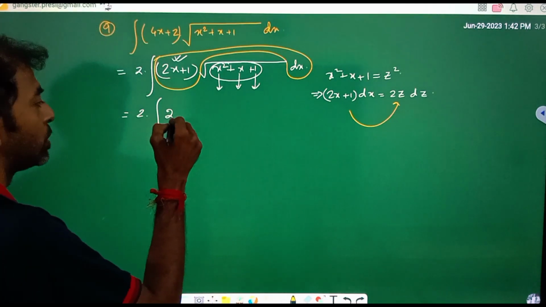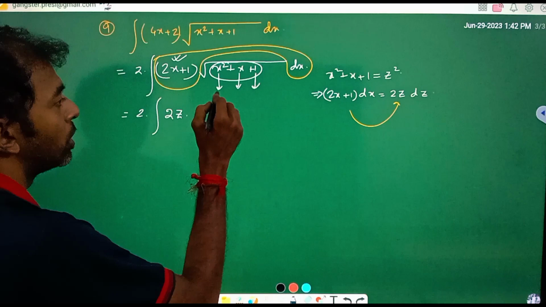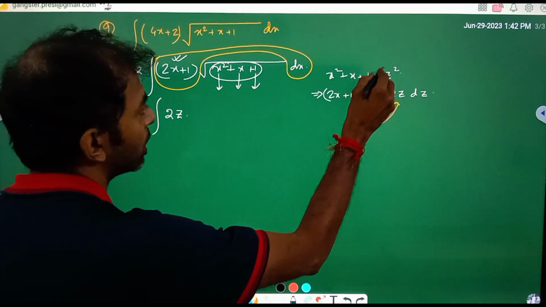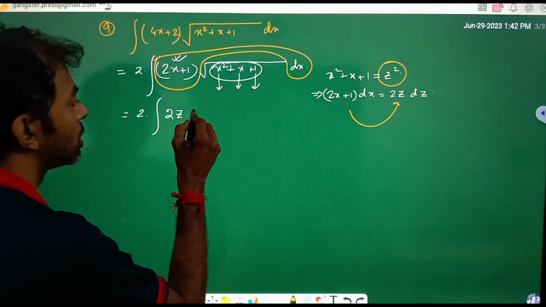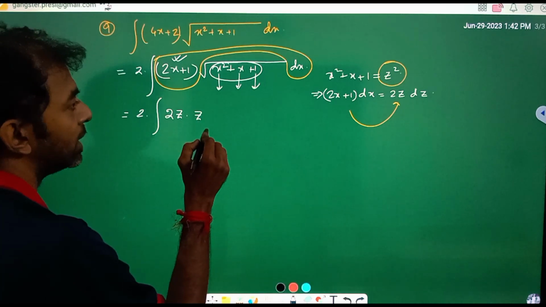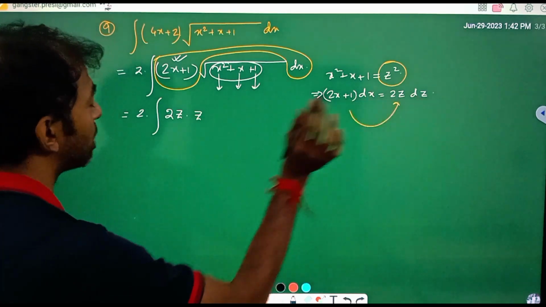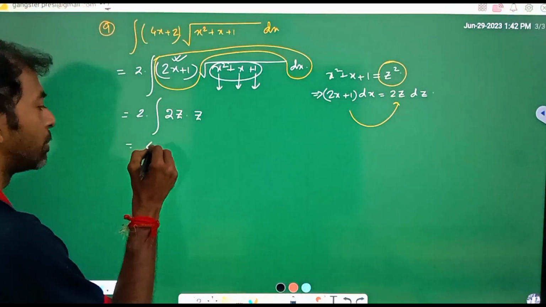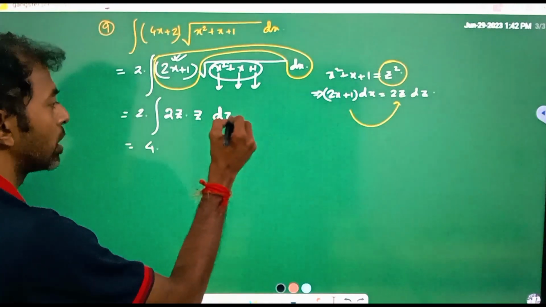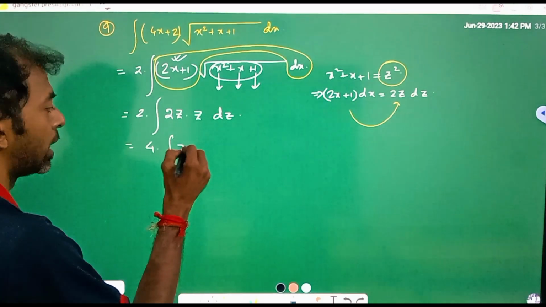And root under x square plus x plus 1 will be represented by z. So that's our z, and the dx part is substituted by 2z dz. So the ultimate result will be 4 integration z square dz.